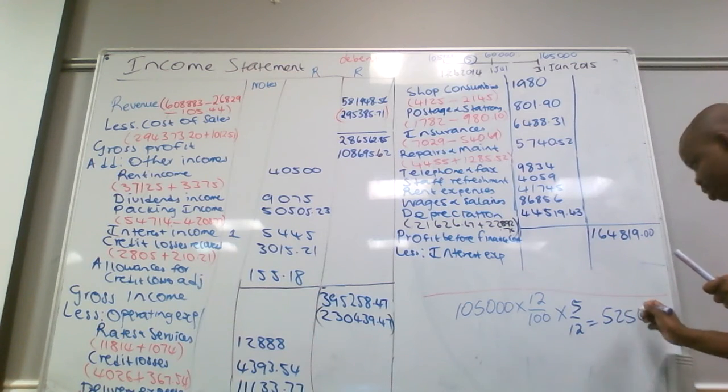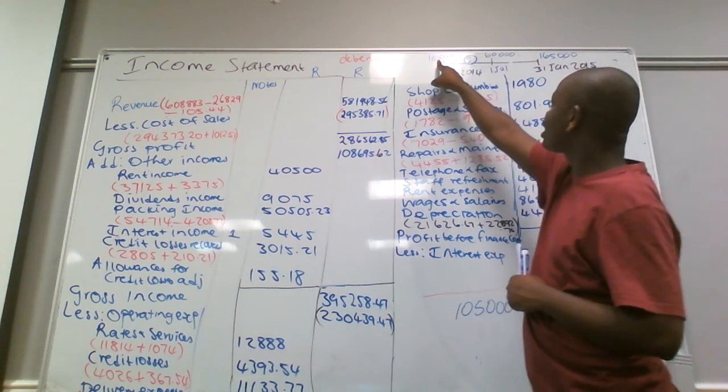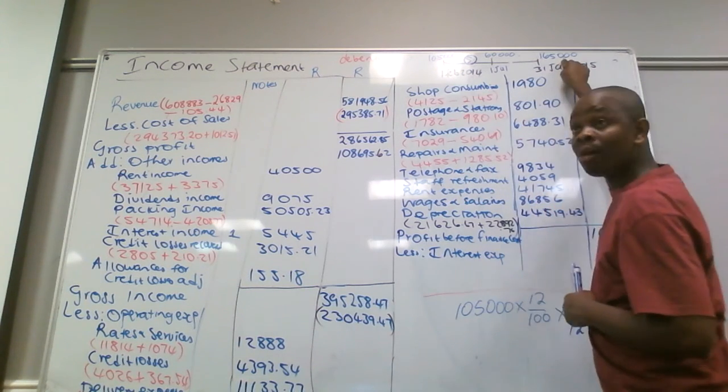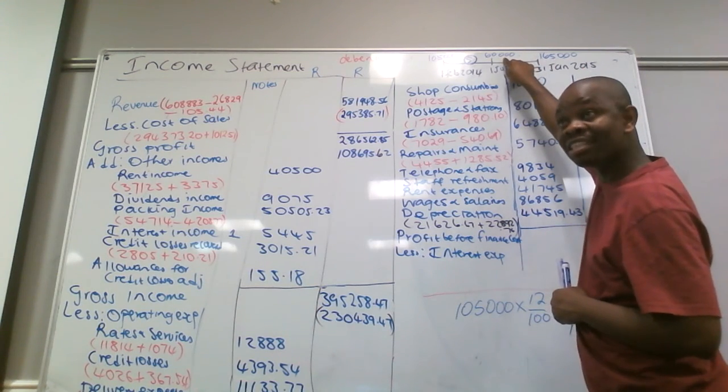Any question? Does this make sense? Where do we take the 105? Because, do you agree if I say at the beginning it was 105? At the end it was how much? They say you increased already by how much?